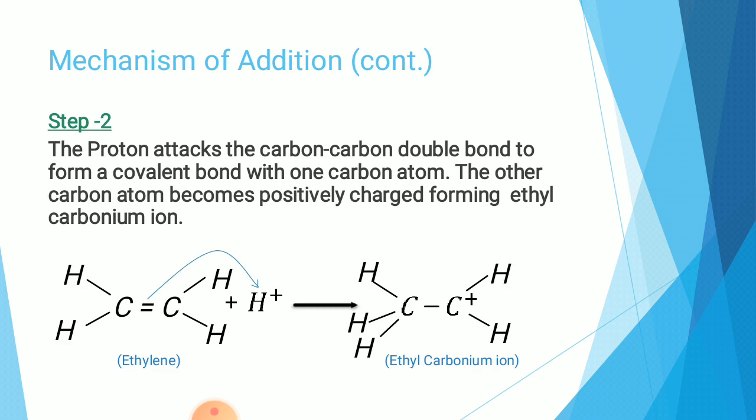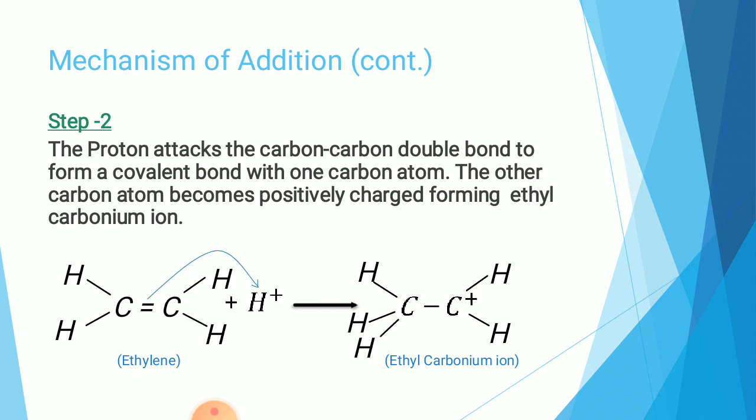Then step 2. Here again the proton attacks the carbon-carbon double bond to form a covalent bond with one carbon atom, and the other carbon atom becomes positively charged, forming ethyl carbonium ion. See, in this reaction ethylene interacts with the electrophile. What is the electrophile here? Proton, or H plus ion.